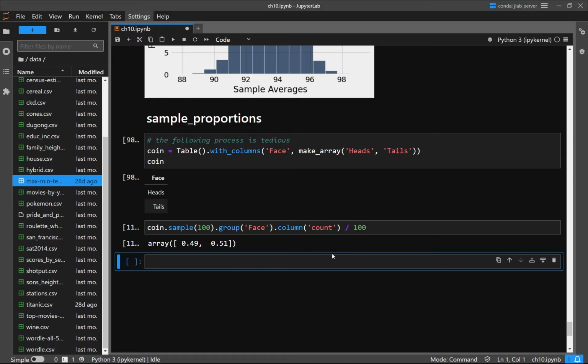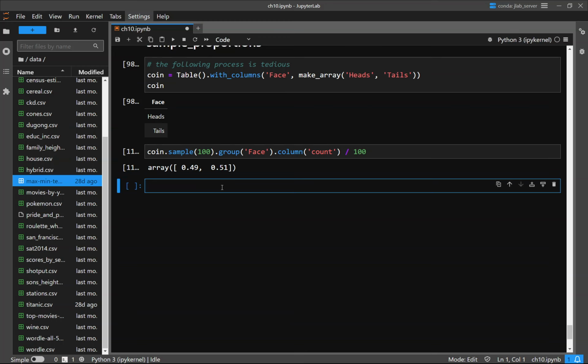And yeah, that whole process took a while. I can do this entire thing in one line with the sample proportions function. That's the goal here. That's why it's cool. So I can say this instead. I can give the distribution of how a coin works. I can say distribution equals make an array of all the probabilities.